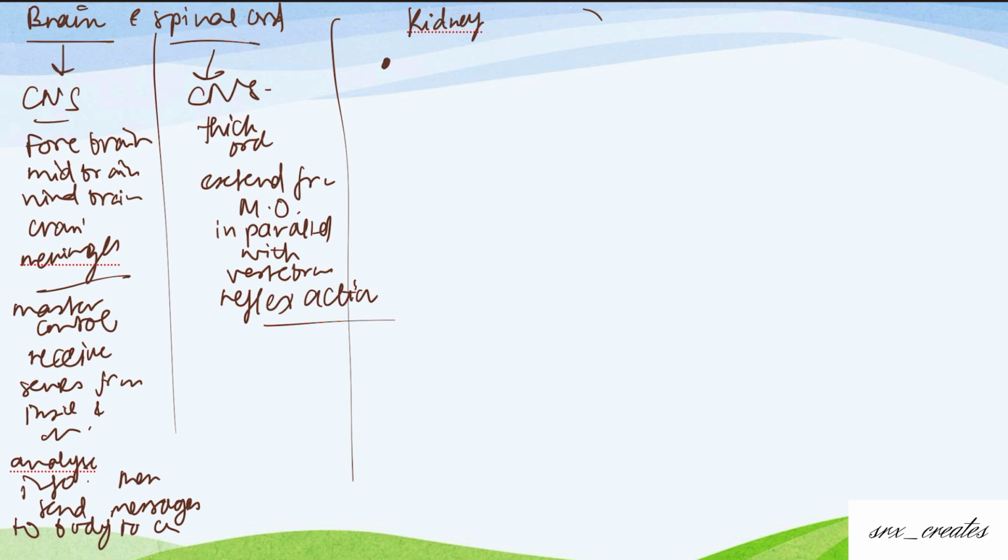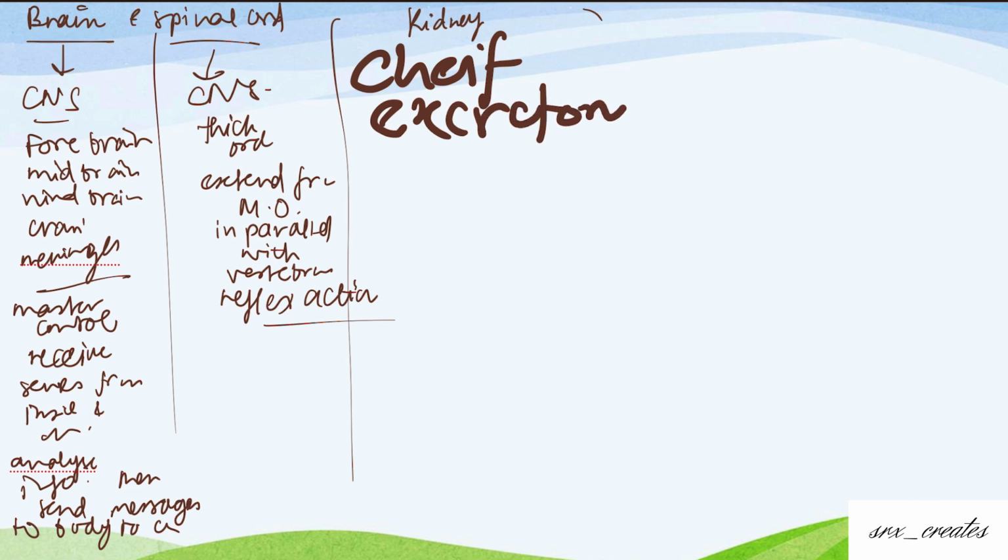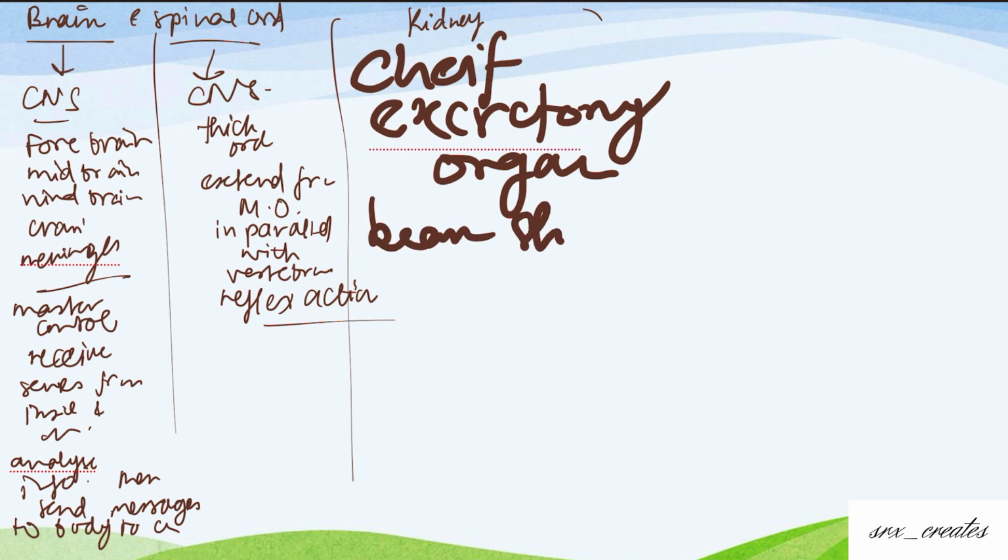Kidney is the chief excretory organ. Chief. Important. Kidney is the most important organ, for exams also. Bean-shaped structure like spleen. Weighs 150 gram, not kg. You are not only 150 kg, so how can the kidney be? So, please use your brain while writing units.